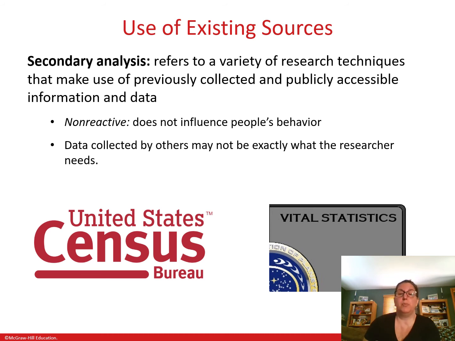Not everything gets reported in crime data, but there is some valuable information that can be gleaned from that. Vital statistics, birth records, death records, marriage records, any sort of housing records, things that are public, out there for the public, researchers can use and analyze.